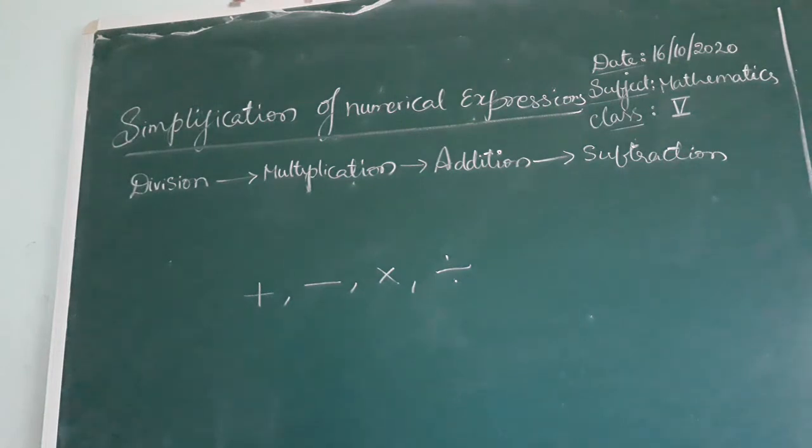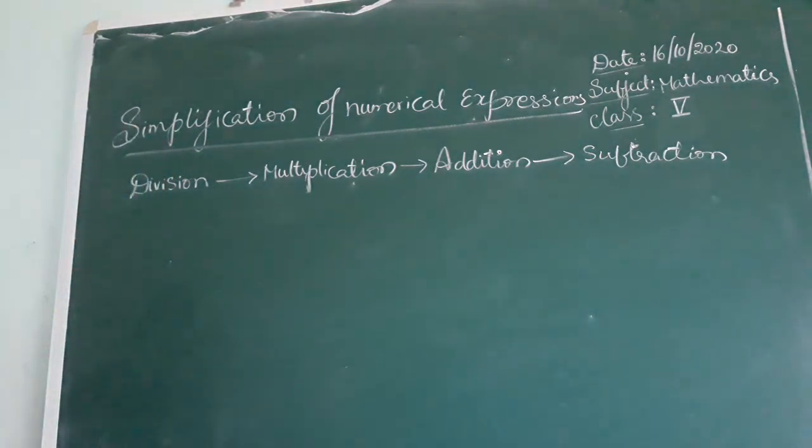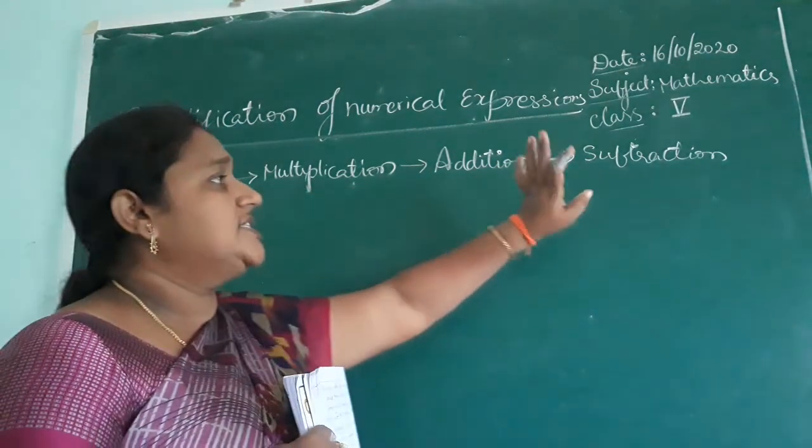Why is this particular order used to solve the sum? Everyone has to follow a particular process while simplifying the expression. For that purpose they gave us an order: division, multiplication, addition, subtraction.